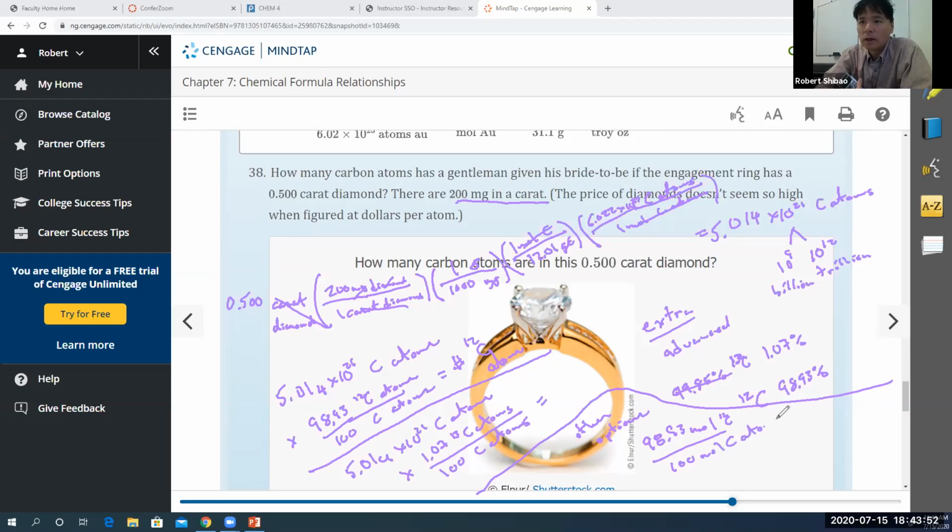The mole ratio is the same as the atom ratio here. For carbon-13, it would be 1.07 moles of carbon-13 per 100 moles of carbon atoms, and then we could insert that here instead.